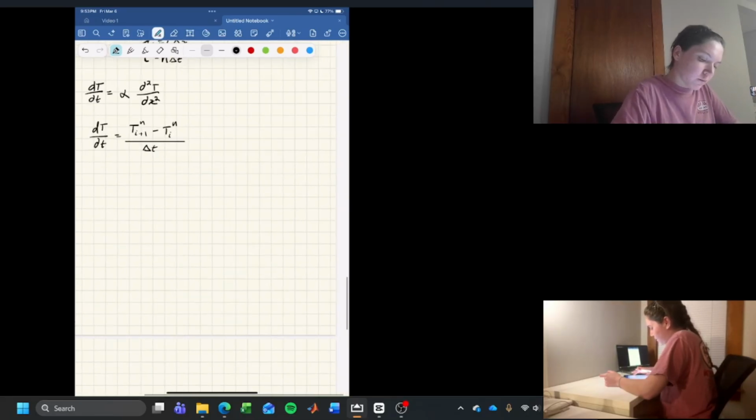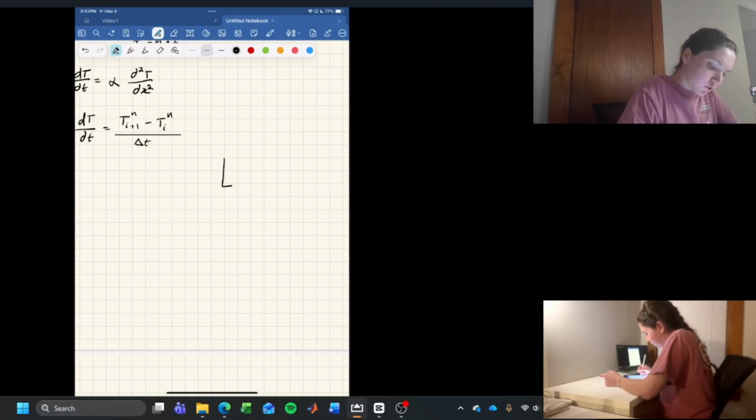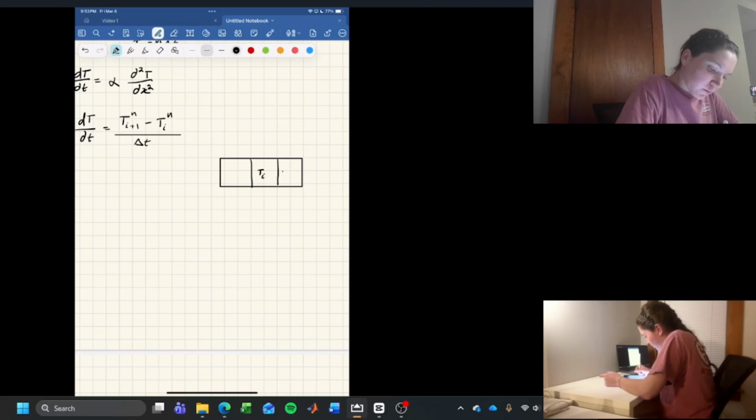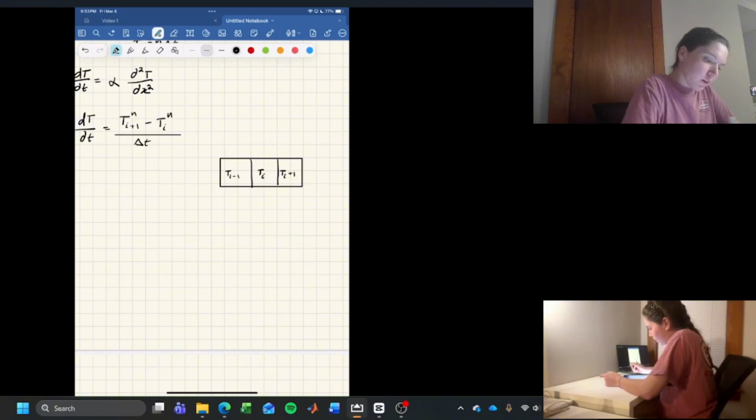So we can draw this. Let's just zoom in on the rod from earlier. This section here is the one that we're looking at. So if we want to find the temperature here, this is Ti. The one to the right of it is Ti plus 1, and then to the left is Ti minus 1.